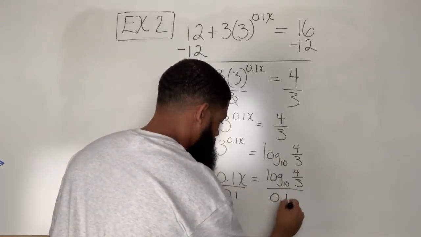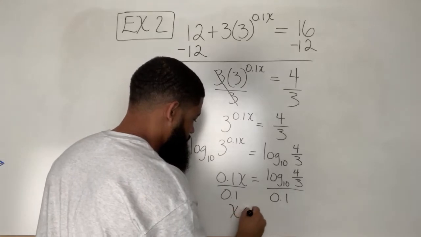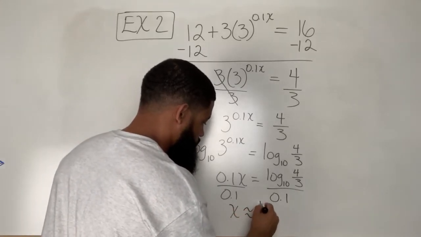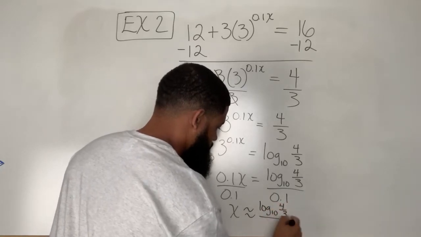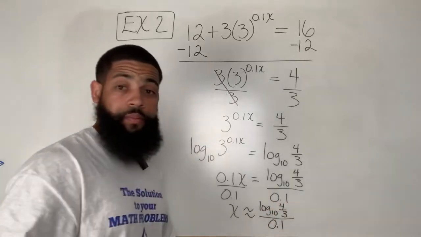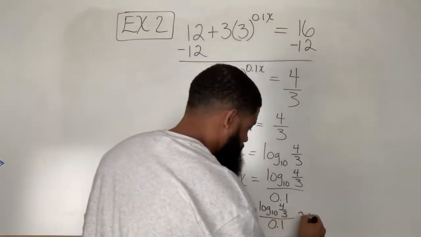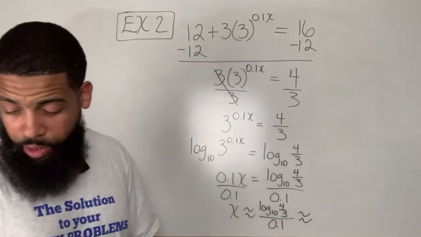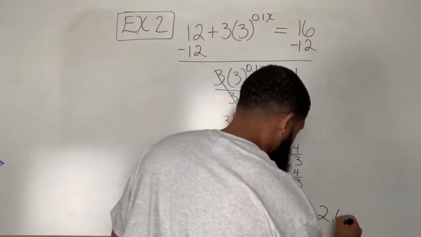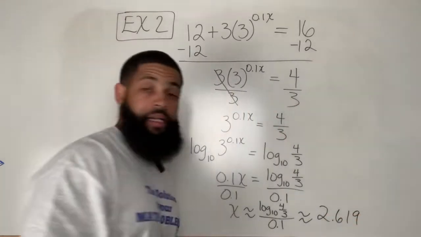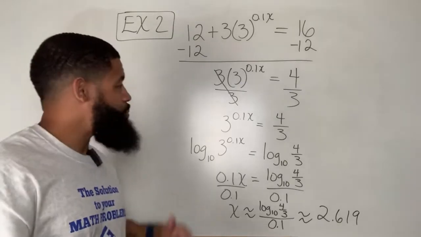Divide by 0.1, and x is equal to log base 10 of 4 over 3 divided by 0.1, which is approximately, when I put it in the calculator, 2.619.